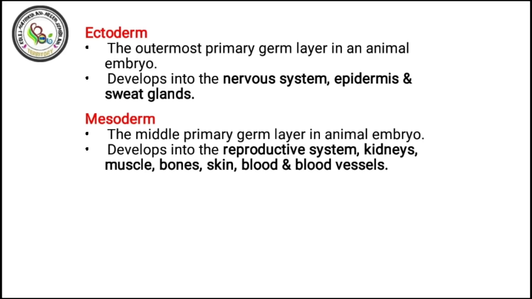Mesoderm is the middle primary germ layer in an animal embryo. It develops into the reproductive system, kidneys, muscle, bones, skin, blood, and blood vessels.